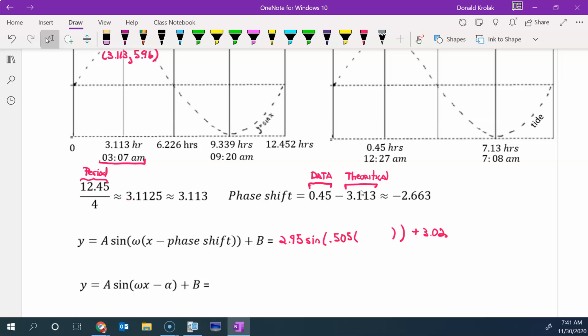Okay, so remember, if I wanted to move something to the left, the way that I wrote it, see how it says x minus the phase shift? So this would be x minus negative 0.663. Well, that's the same as x plus 0.663.